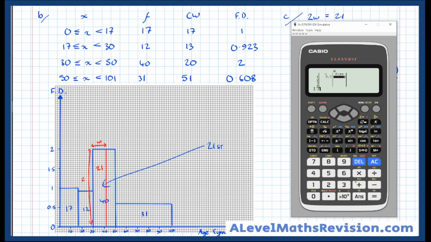And the frequency there was 17. Then, getting the midpoint again, 17 plus 30, divided by 2, midpoint, and frequency. Then midpoint. This one is obviously going to be 40, but for completeness, I'm just showing you the method. And the frequency there was 40.